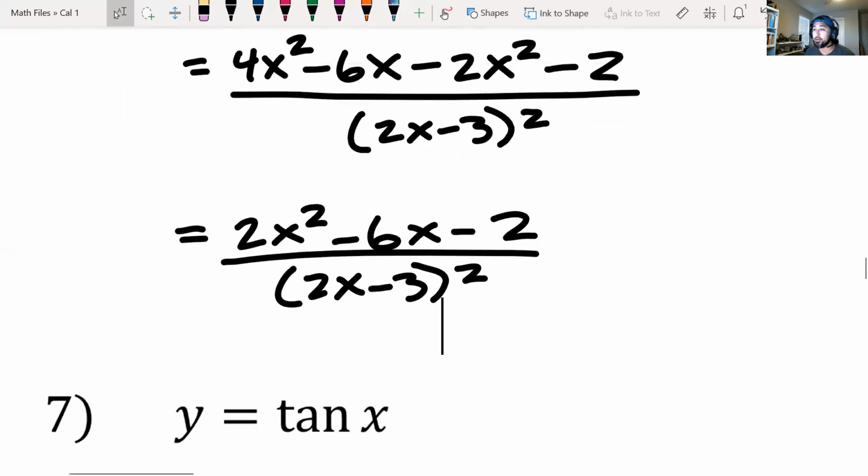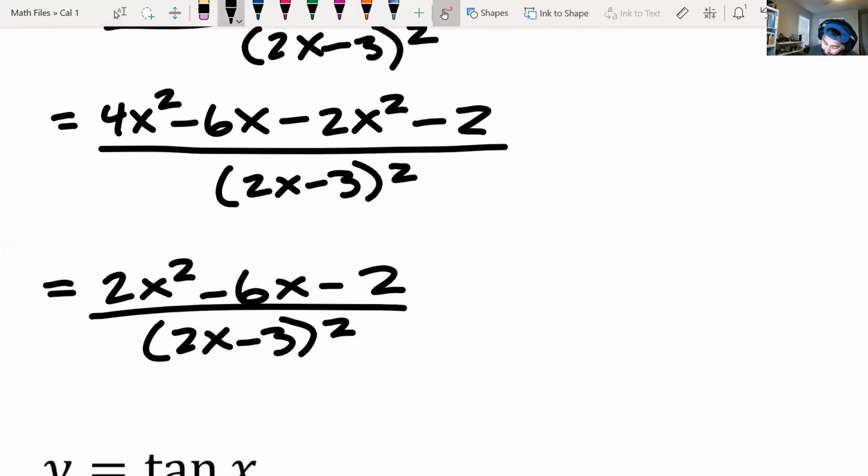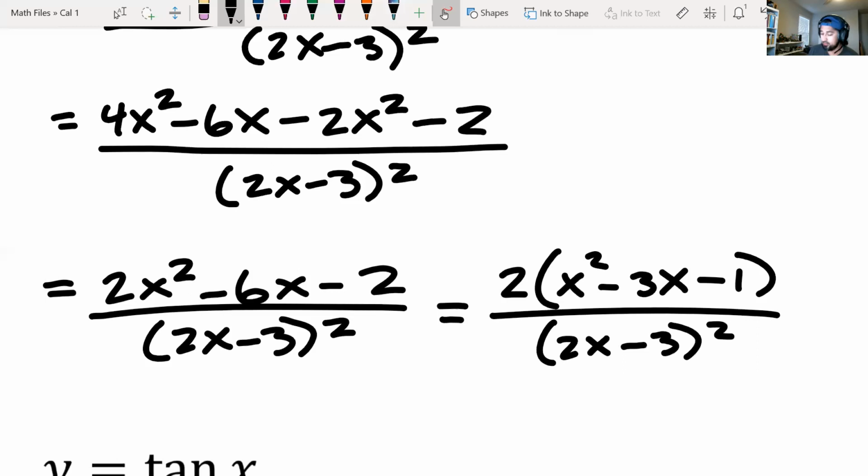And in hopes that we can go further, what could you factor out of the numerator? A 2. Just a 2. And let's see, you get x squared minus 3x minus 1 over 2x minus 3 squared. Can we factor the inside trinomial? Are there any factors of 1 that can make 3?